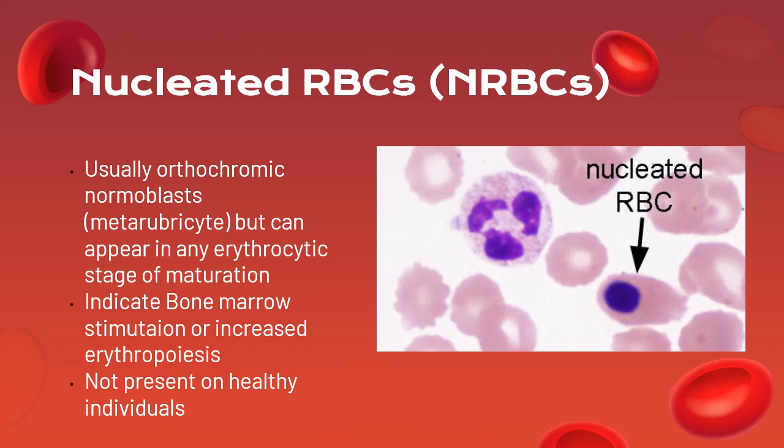So, nucleated RBCs, they are usually orthochromic normoblasts but can appear in any erythrocytic stage of maturation. Okay. So, ibig sabihin, immature RBC. So, hindi sila normally seen on healthy individuals. Okay. So, this indicates bone marrow stimulation or increased erythropoiesis.